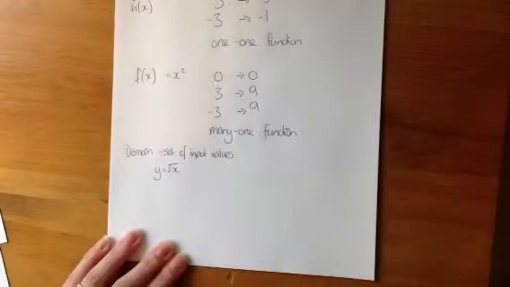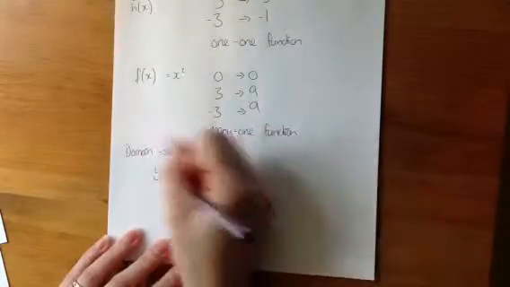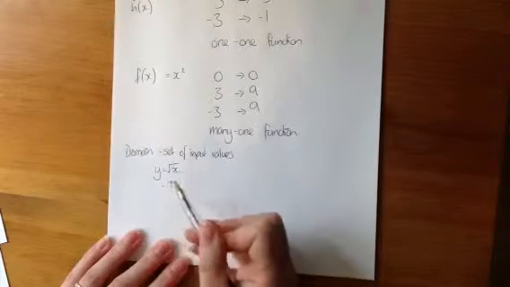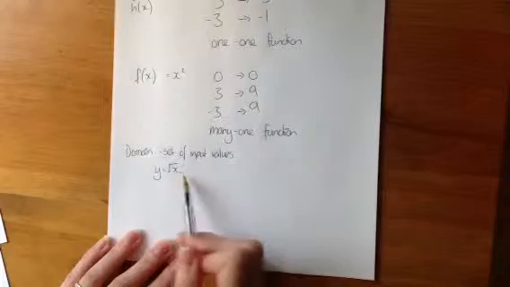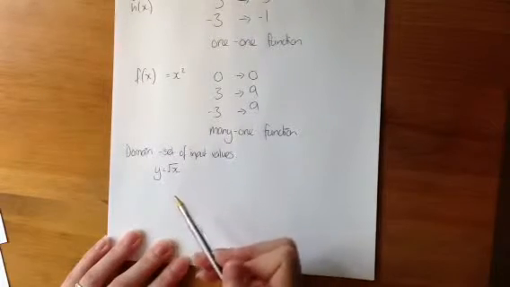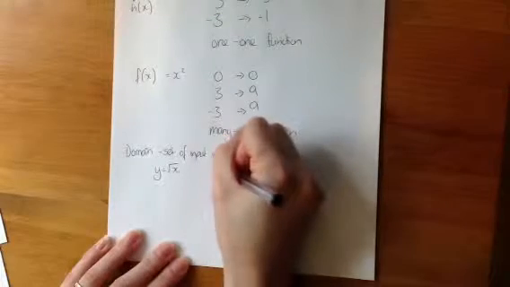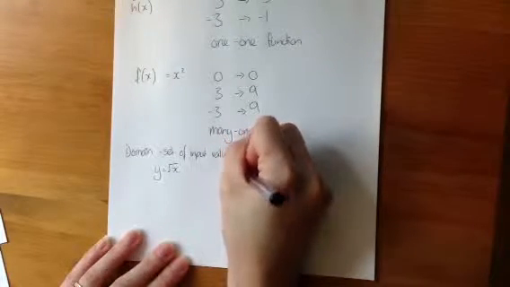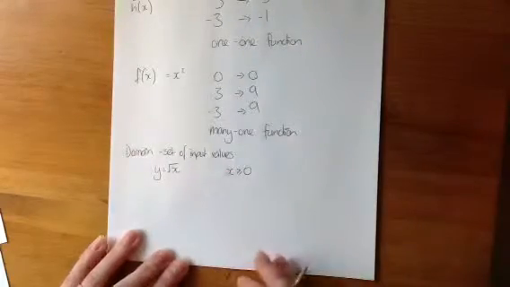You could put in 0 and you'd get 0, you could put in 1 and you'd get 1, but if you put in negative numbers, it doesn't work. Putting a negative number into this will not give you a real solution. So we would say that our domain is x has to be greater than or equal to 0. So that's our domain.